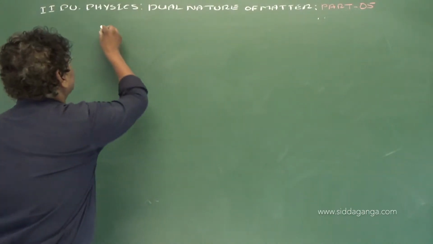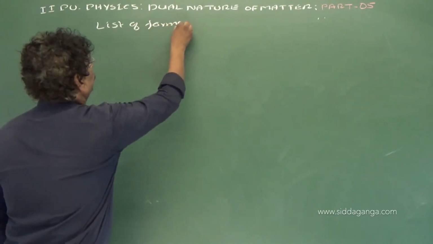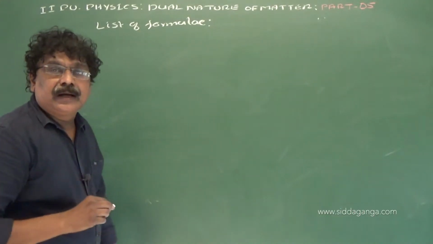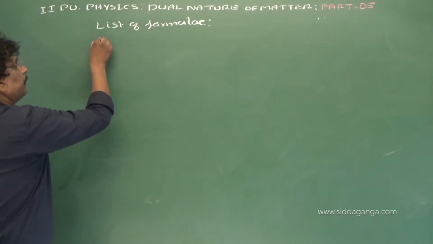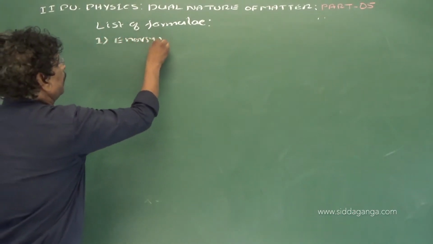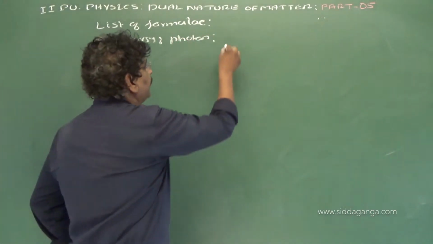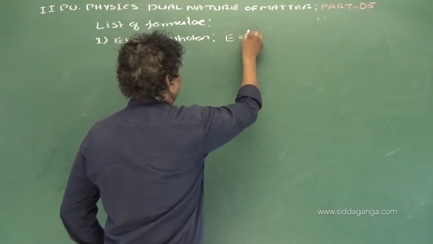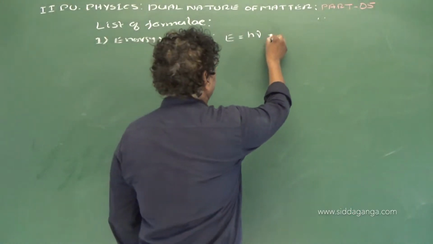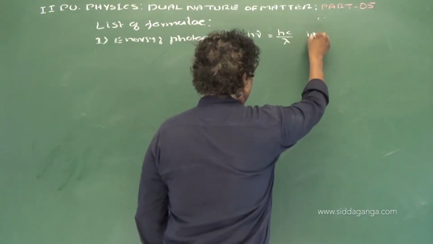Now we take the list of formulae here. Number 1, energy of a photon, E is equal to h nu, or is equal to hc by lambda in joule.